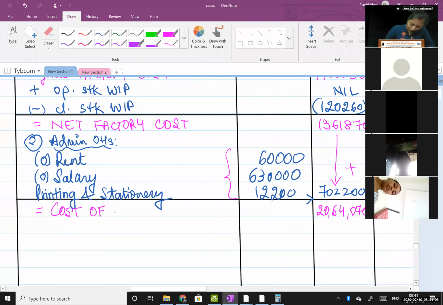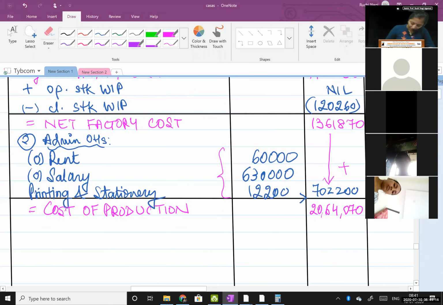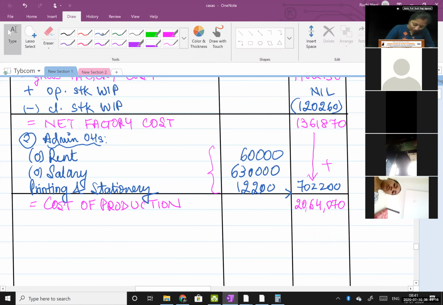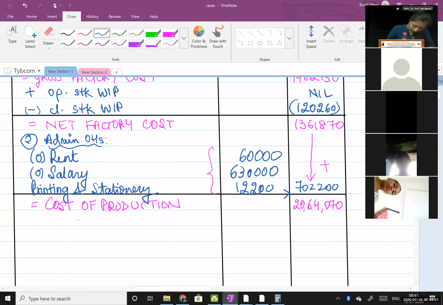Cost of production. And then add opening stock of finished goods less closing stock of finished goods.